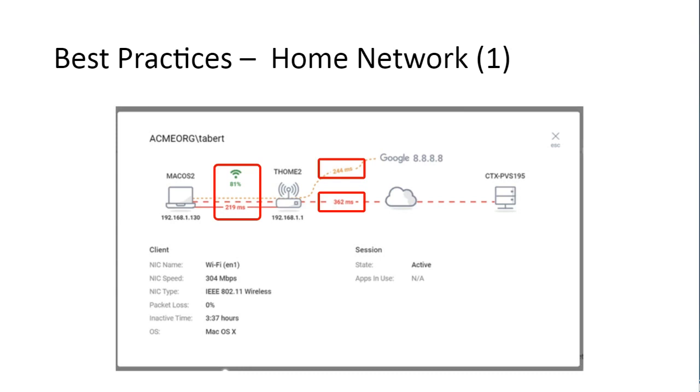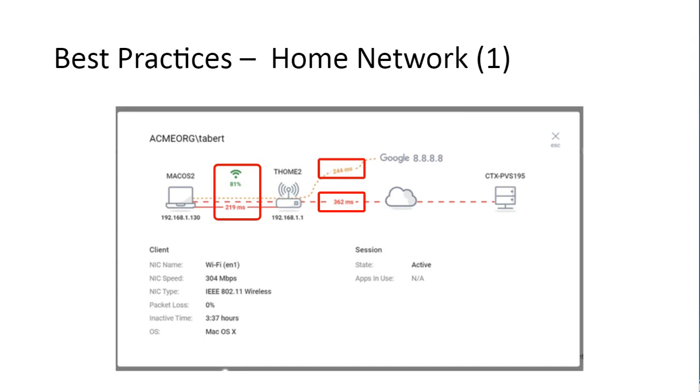That should be 2-3 milliseconds. And then it goes further and monitors the latency between the device and the desktop. This looks like a Citrix desktop, and overall that's 362 milliseconds. People are going to notice the sluggishness when you get that much latency.